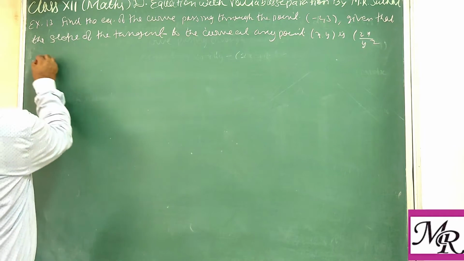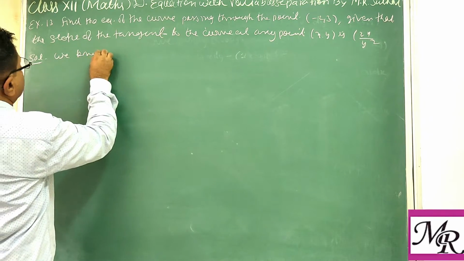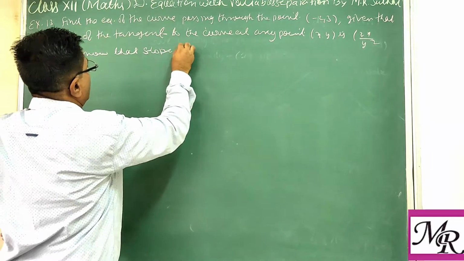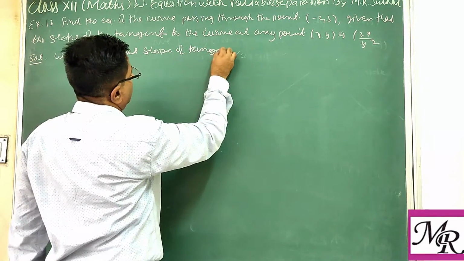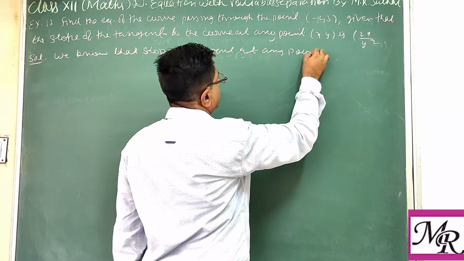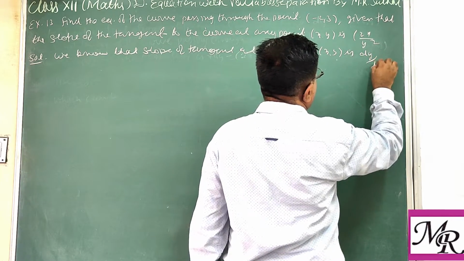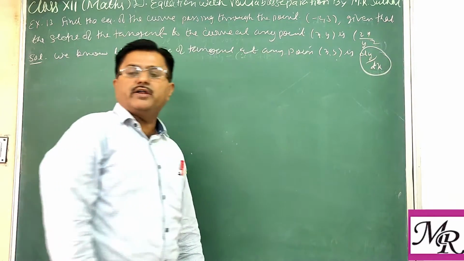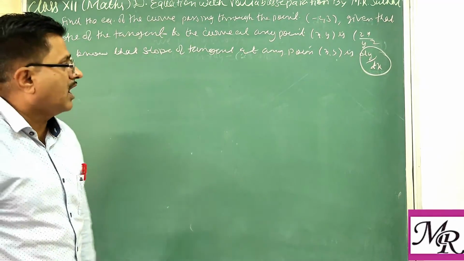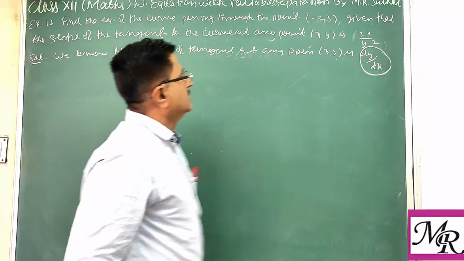We know that the slope of the tangent at any point (x, y) is always given by dy/dx. dy/dx means the slope of the tangent at a general point, but this is given as 2x/y².